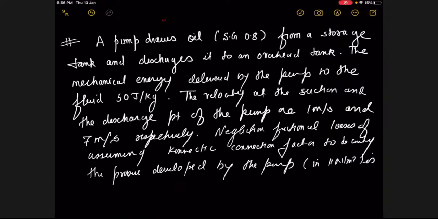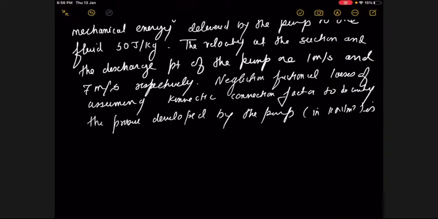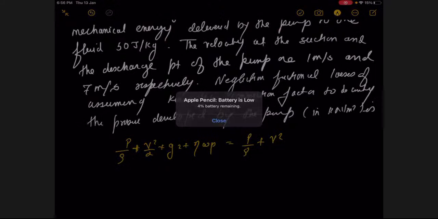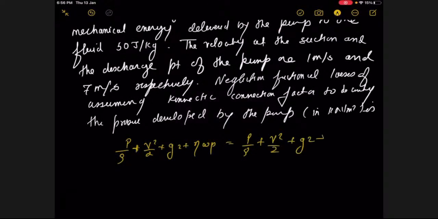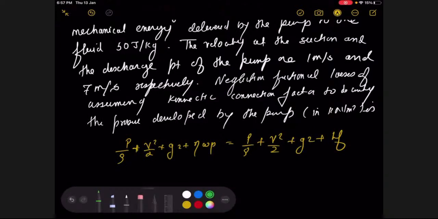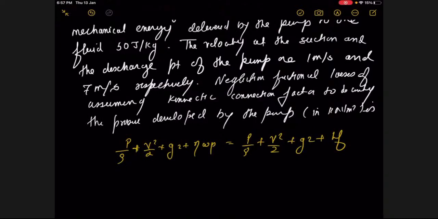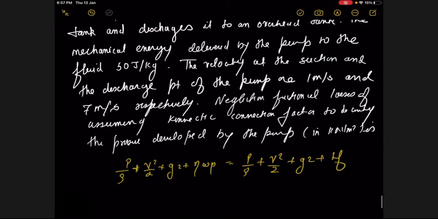Okay. So here again we will apply our formula: P by rho plus V square by 2 plus GZ plus NWP equals P by rho plus V square by 2 plus GZ plus HF. Let's see what is the data. You have to calculate the pressure developed by the pump.